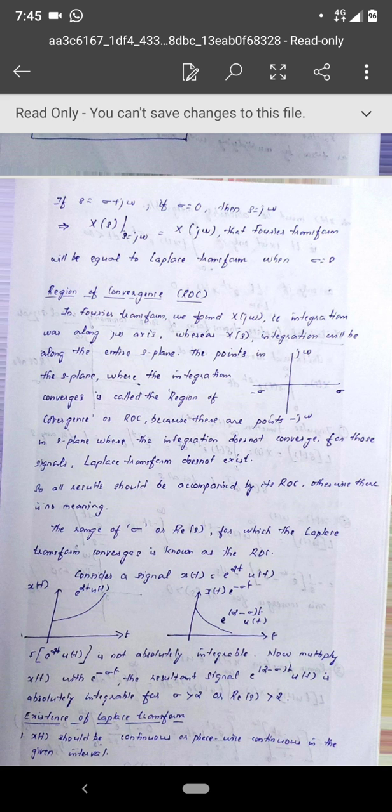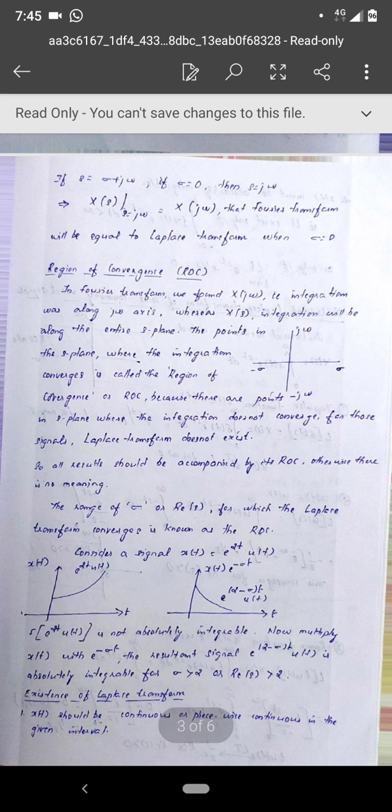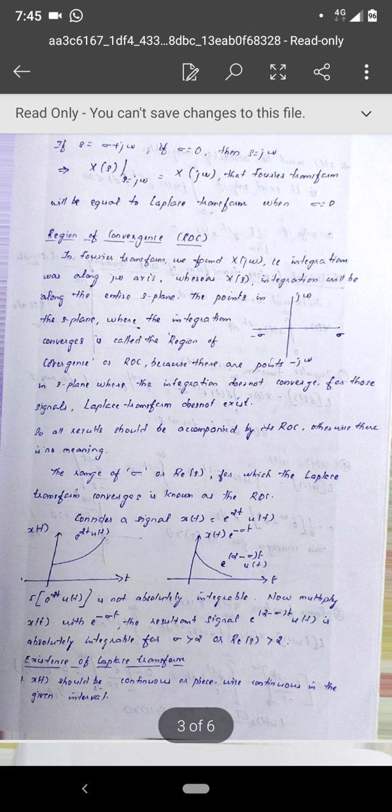So if the Laplace transform does not exist, or if there are points in the s plane where the integration does not converge, the meaning is that there are values of sigma which make e raised to minus sigma t become e raised to plus sigma t. That is why we are so particular about the value of sigma. So it all depends on the real part of s or the value of sigma. These are the things which we have to keep in mind.